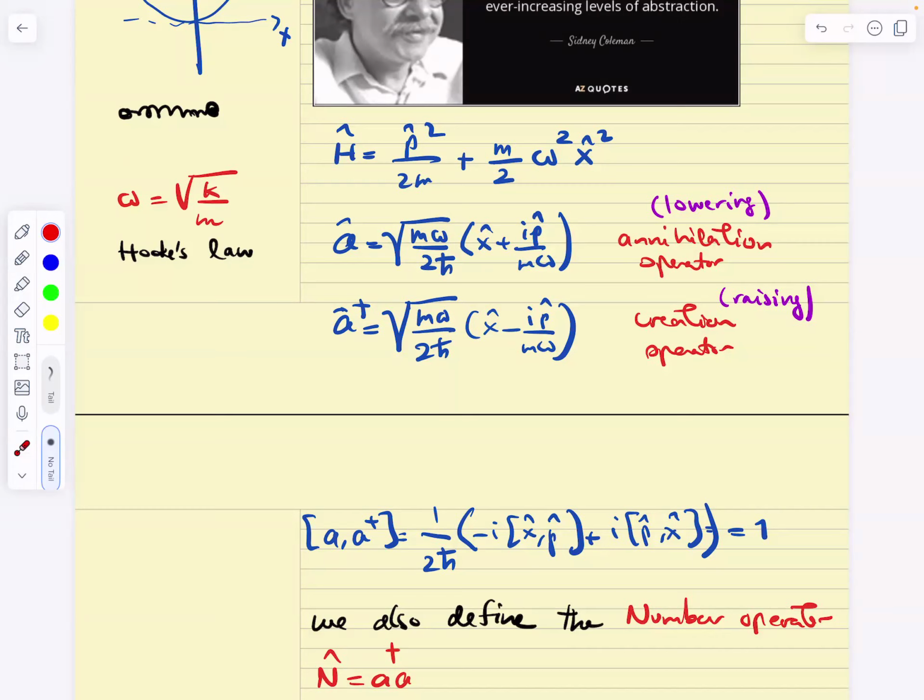Good. What are my A and A dagger operators? A is a vector that points to a point on the circle as a complex vector, right? X plus I P, where this is the imaginary direction. Is that a complex vector, right? A dagger A is the norm of this vector, right?